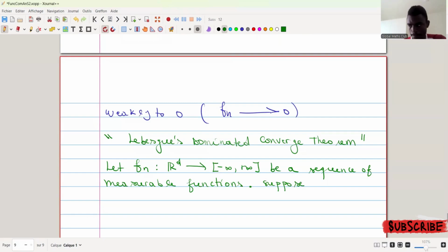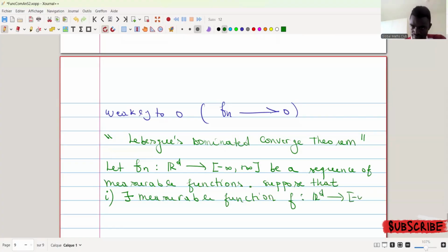Suppose that there exists a measurable function f from R^d to minus infinity, plus infinity such that Fn converges to f almost everywhere.